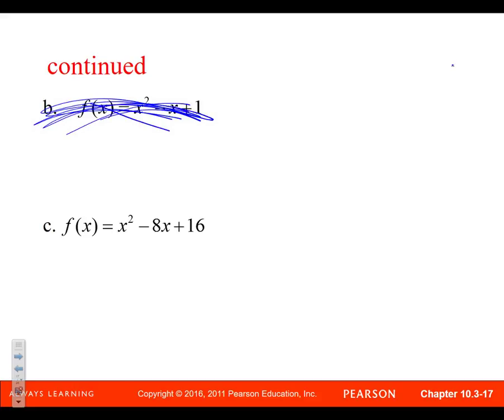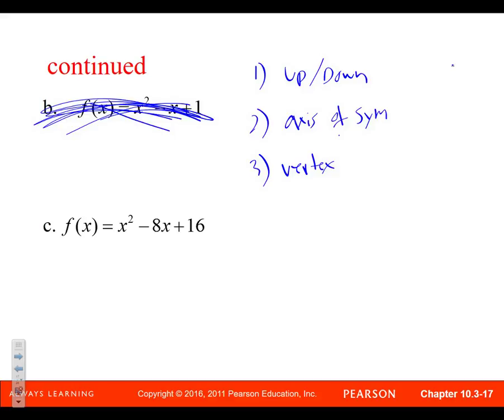I want you to find 1. Is it facing up or down? 2. Vertex. Actually, let's see here. Axis of symmetry. 3. Vertex. 4.